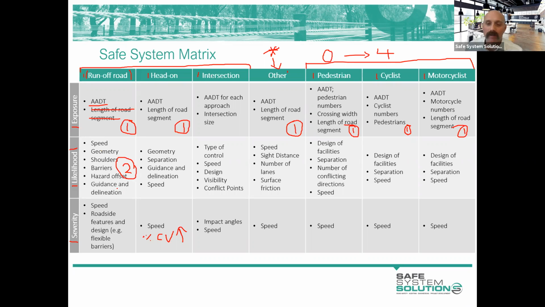But I haven't just plonked a 2 in there. When you do this properly, I've dot pointed a whole lot of things. I've explained, this is what I see out there on the road that makes me want to increase this score. So I'm seeing high speed, and I'm seeing some faded signs, and no sealed shoulders.